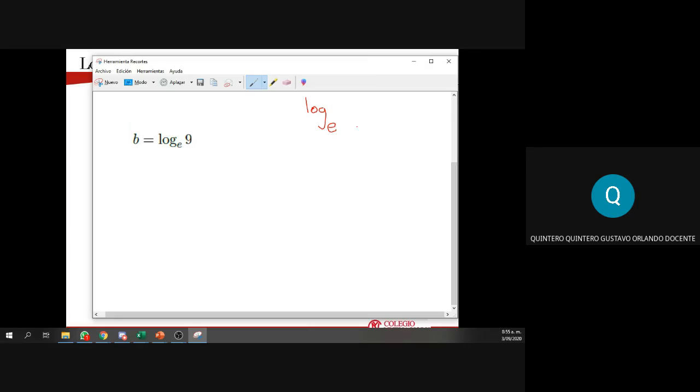This one is a specific type of logarithm. So whenever we have the logarithm to the base e of any value, it doesn't really matter what value it is, we say that it is a natural logarithm. This is a natural logarithm.